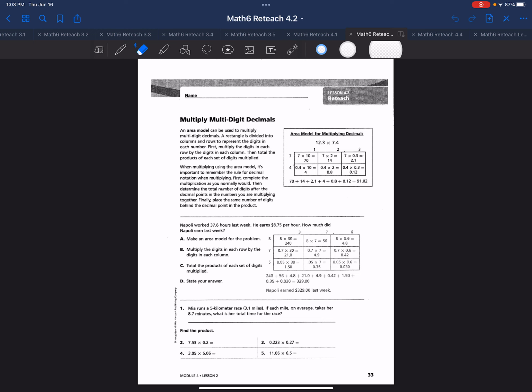The only vocab we have really for today would be, I'm going to write this down, product. So a product is the answer to a multiplication problem. You can look at it that way.